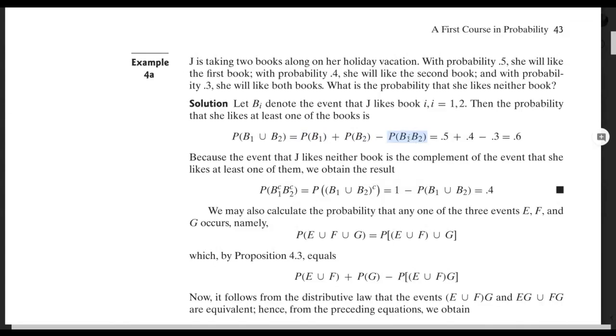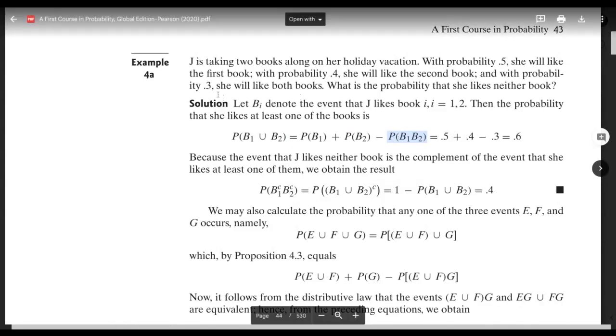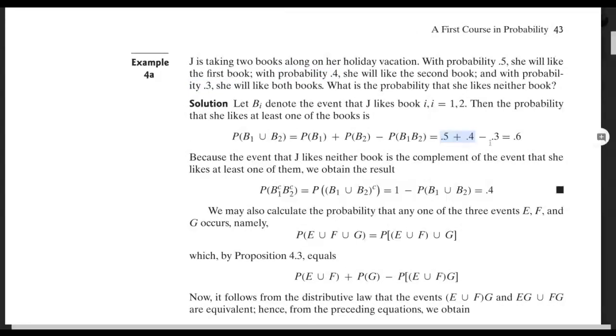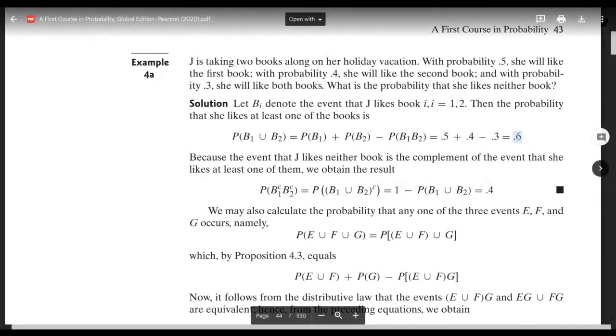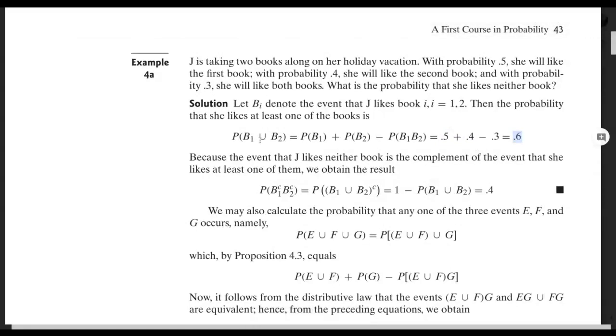B1, B2 here means she likes both. What's the probability she likes both? 0.3. The probability she likes the first one is 0.5. She likes the second one 0.4. She likes both 0.3. So we just add 0.4 plus 0.5 minus 0.3, which is 0.6. Right, so this is the probability she likes one of these two books.